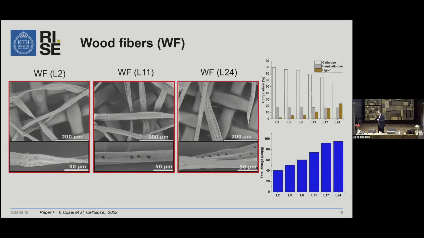We see a lot of kinks and bends and shells. But the wood fibers with 11% residual lignin content seem to preserve the structure pretty well. And this is uncollapsed, and the number of kinks seems to be pretty low. This is also similar for the wood fibers with 24% residual lignin content.